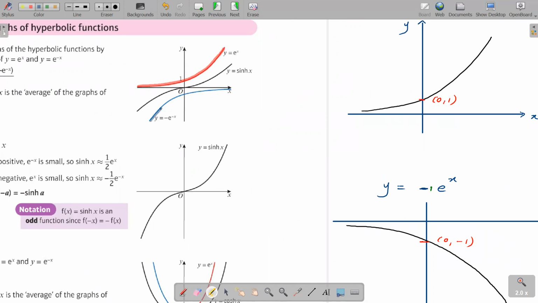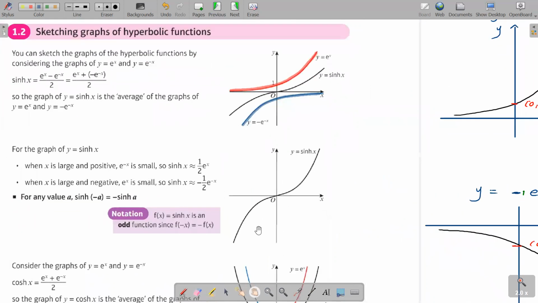And then, can you see the way they've drawn the sinh x graph? The way we draw the sinh x graph here is simply by taking the average. For the same x value, you take the two respective y values, add them and divide by 2. You can see the sinh x graph goes exactly in the middle of these two functions. At x equals 0, the value of the positive e^x is +1, and the value of negative e^-x is -1.